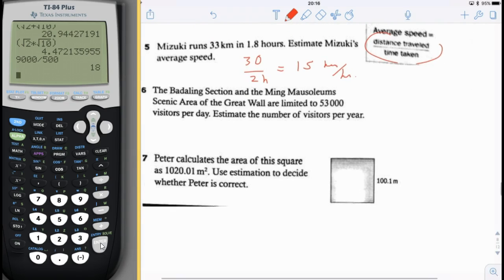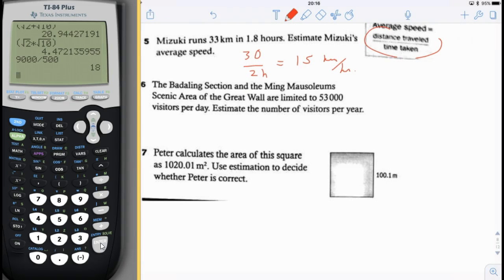The Badaling section and the Ming Mausoleum scenic area of the Great Wall are limited to 53,000 visitors per day. Estimate the number of visitors per year. So, instead of 53,000, it's 50,000 visitors per day.